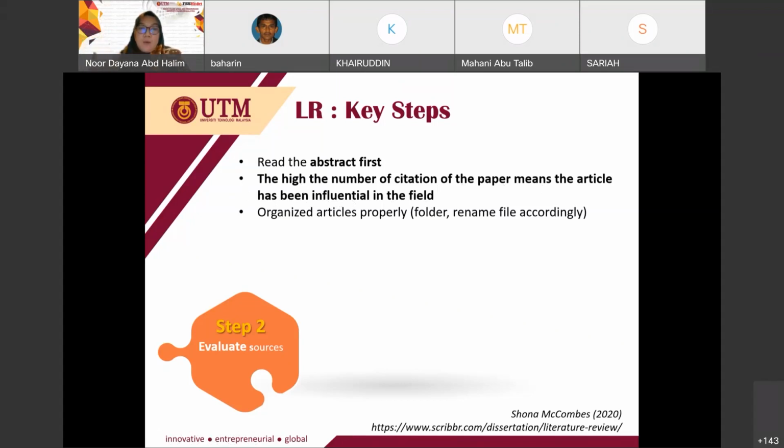What you need to do next is evaluate the paper. So you need to read the abstract to know what the paper is all about. I believe the paper will tell you first what the objective is.